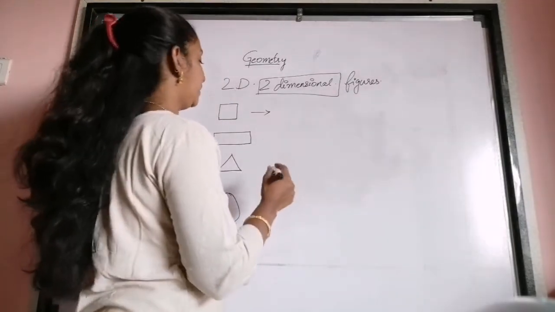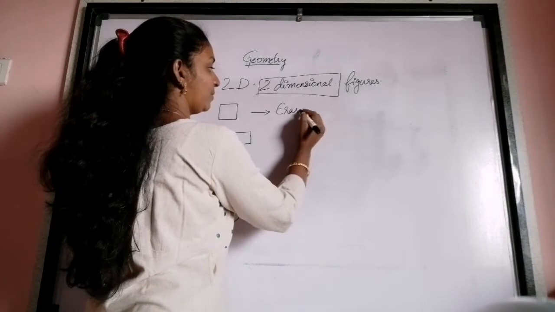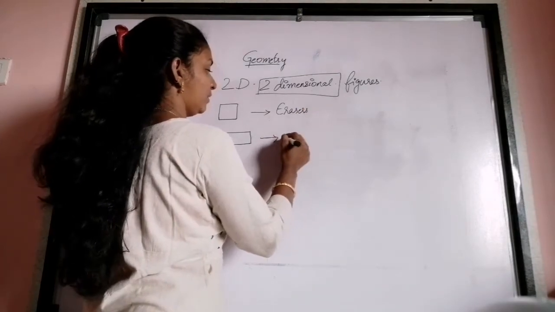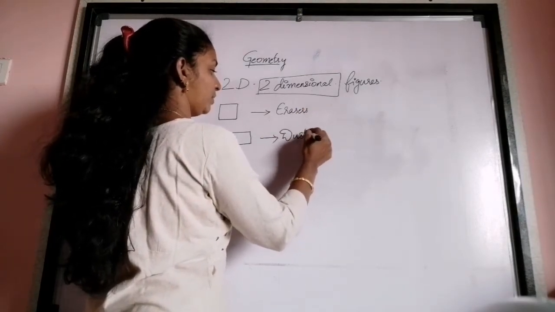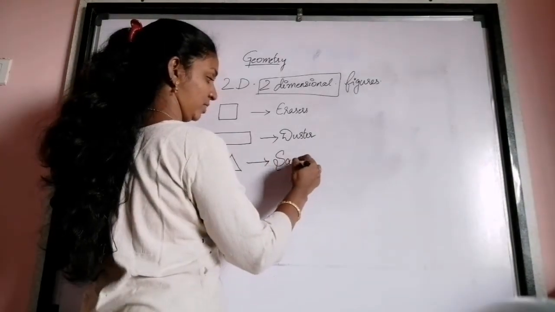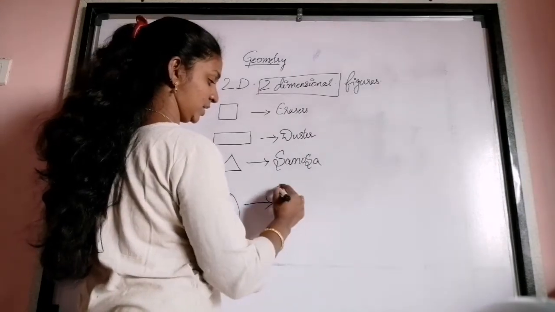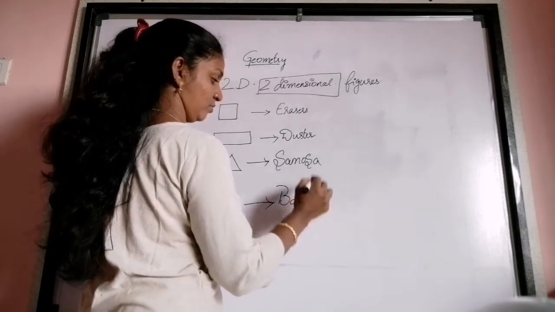Square, we can have square erasers, duster. Triangle, samosa. And circle, ball.